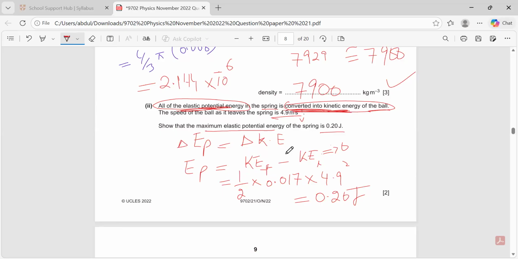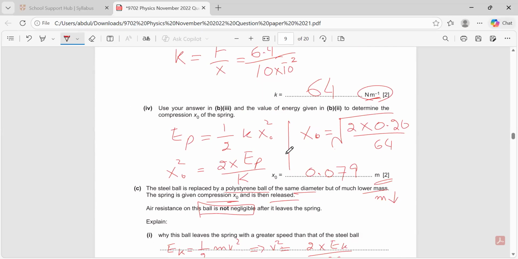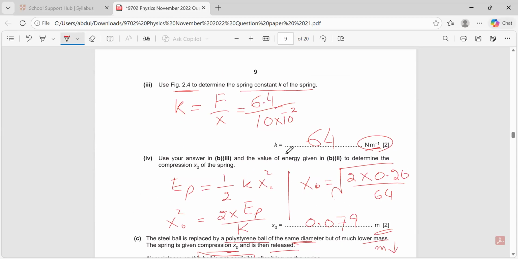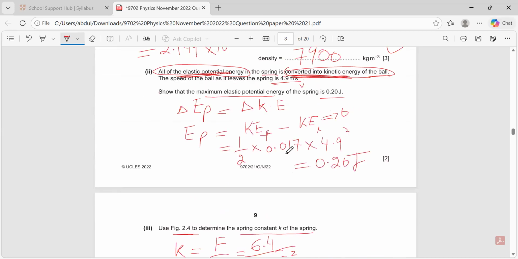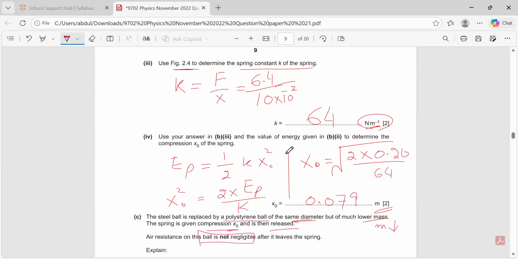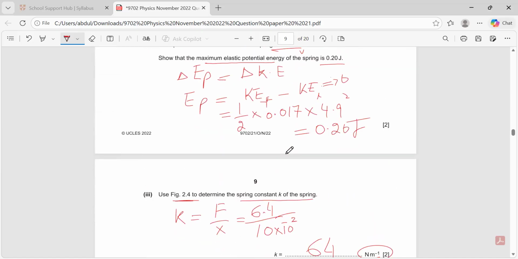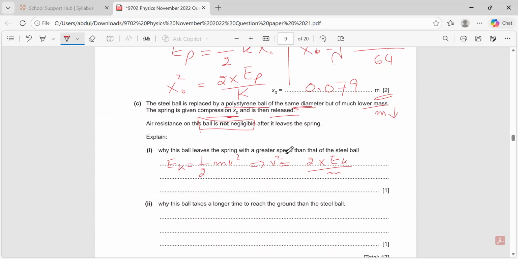Extension same, diameter same, only lower mass. So if extension is same, it means elastic potential energy will stay same. Spring constant is same, because elastic potential energy is 1 over 2 kx squared. So elastic potential energy same. We know the loss in elastic potential energy is basically the KE. So it means KE will be same.